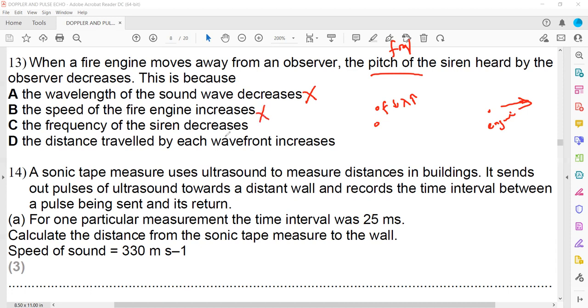The frequency of a siren, the source, never changes. And then the distance traveled by each wavefront increases. As the wavelength increases, we can also say the distance traveled by each wavefront will increase. So that's why D will be the right answer.